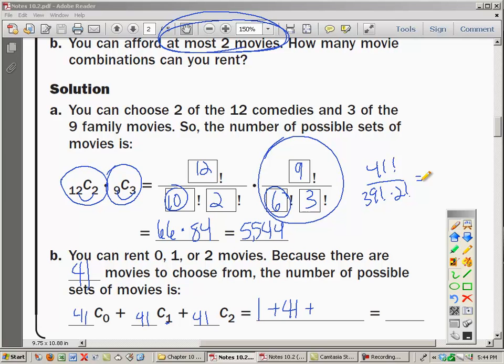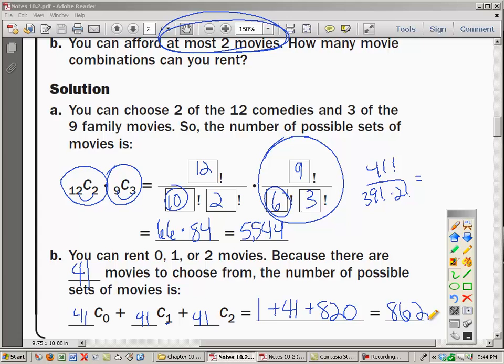Altogether, that ends up being approximately 820 different combinations. And so altogether, there are 862 combinations of at most 2 movies. So you can rent 0, you can rent 1, you can rent 2, and there's 862 different ways to do that. Again, it doesn't matter what types of movies you're choosing. Of the 41, you can do 41 choose 0, 41 choose 1, or 41 choose 2.